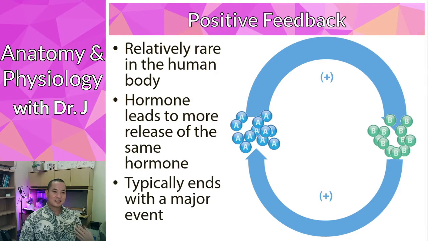So we have this spiraling, more A, more B, more A, more B, and then something shuts it off. It typically ends with some major event that shuts off the production of A or B. I often get this question: what's the difference between negative and positive feedback if you have a major event ending the positive feedback cycle?